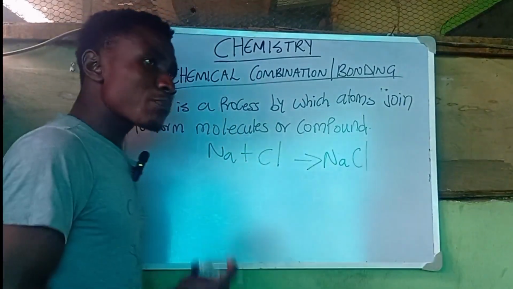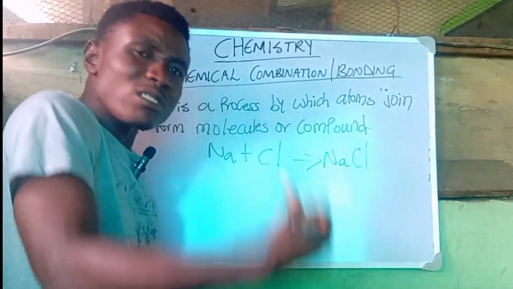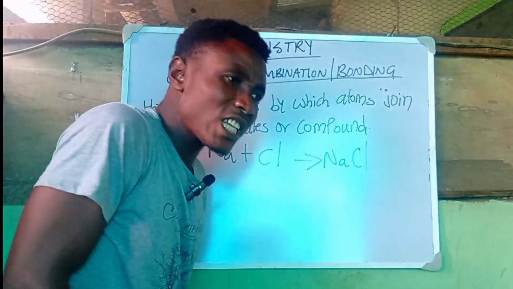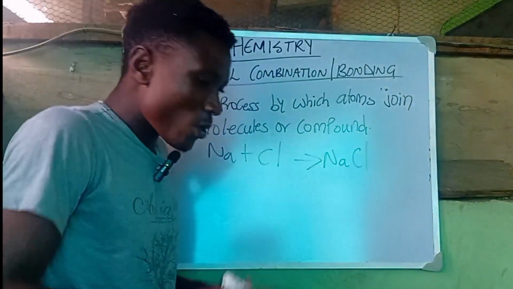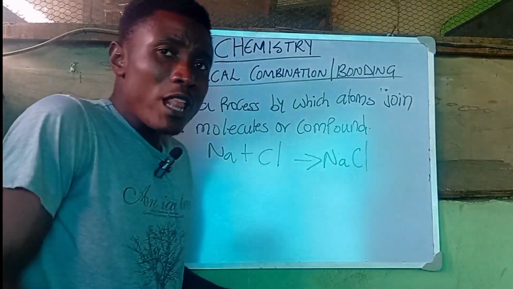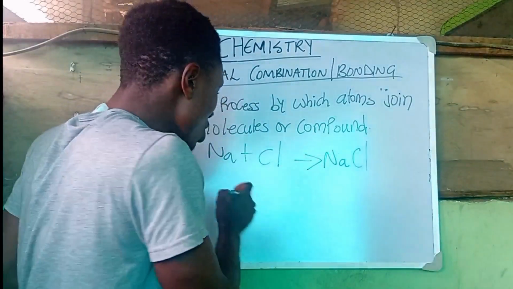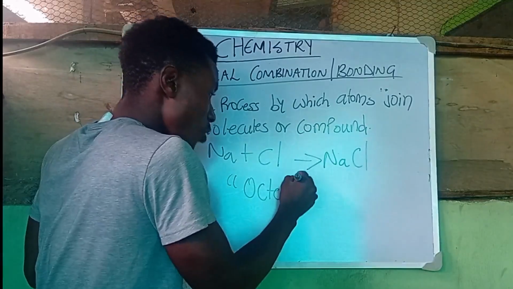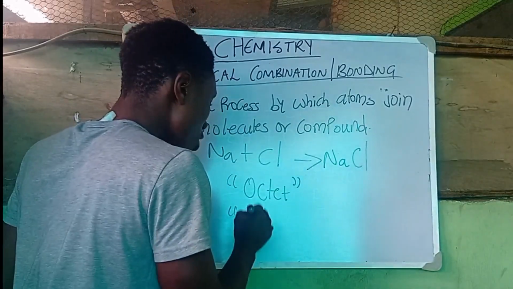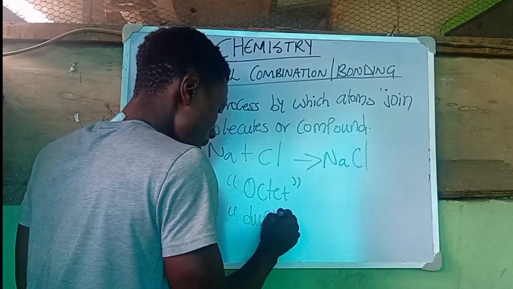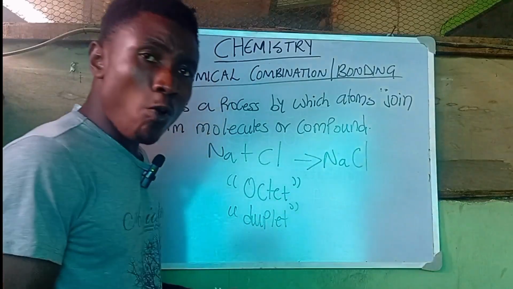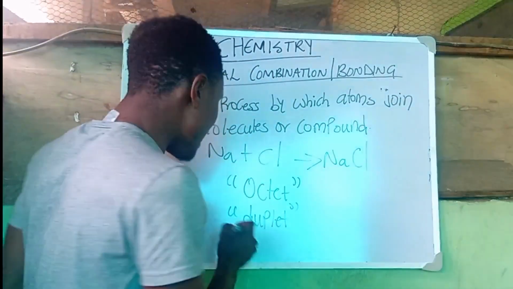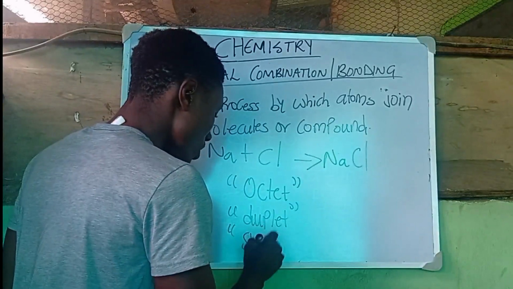This is because the major purpose of chemical bonding is so that these two elements, or three or four elements, will attain a concept known as an octet state, or a duplet state, which is also known as stability.